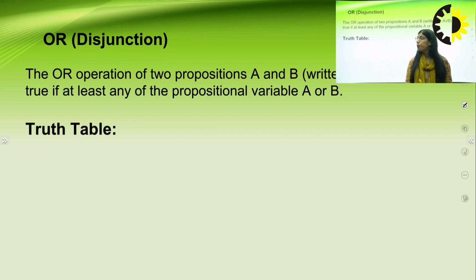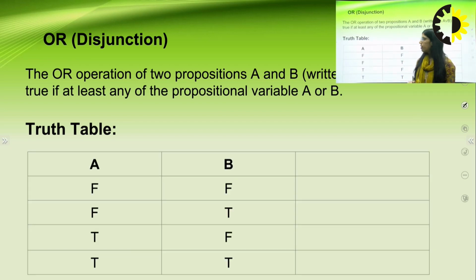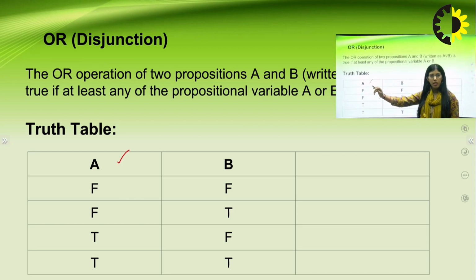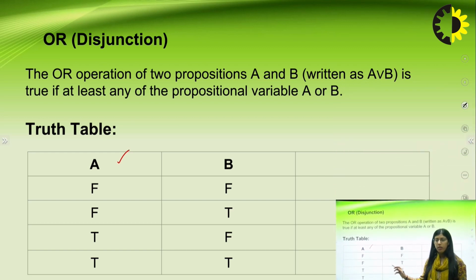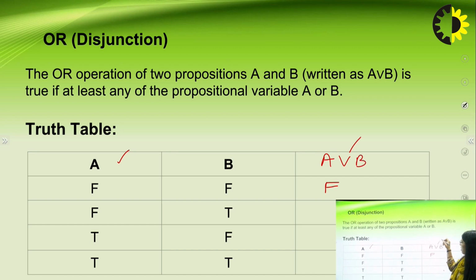First one is or. So for the or operator, when the inputs are two variables or propositions and at least one of them is true, then the result of this operation is true, in that case only. For example, suppose we have one proposition as A and the second proposition as B. If both A and B are false, then this will result in false only, and we denote or using this particular symbol.